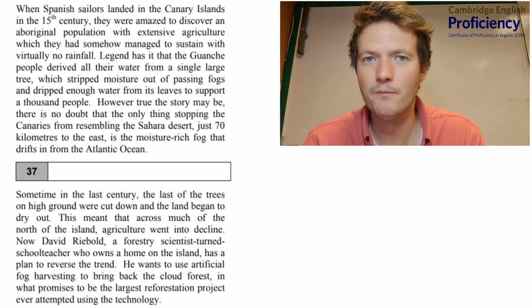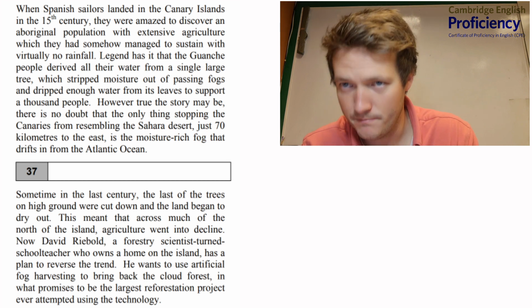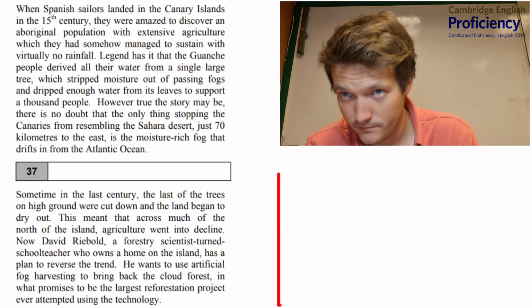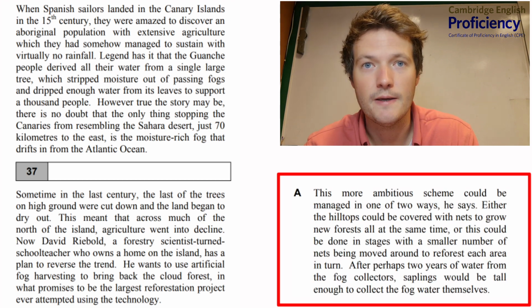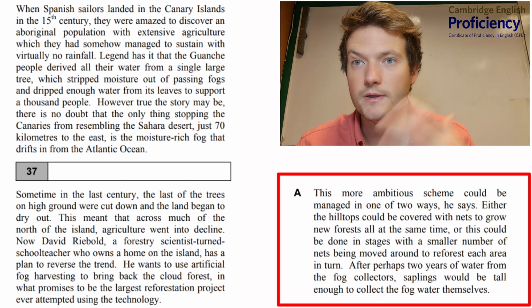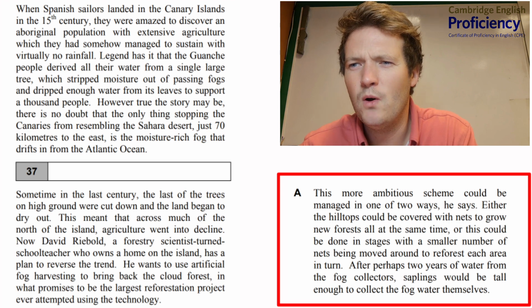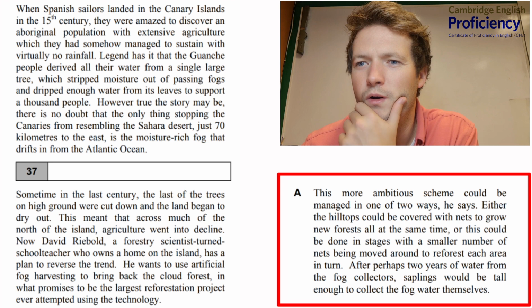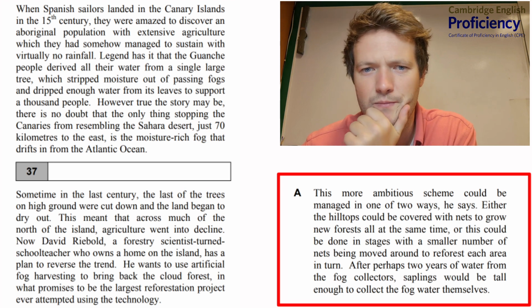Okay, so now I'm going to have a look at the options. I'm going to have a look at option A first of all. Could this be what goes in gap number 37? This more ambitious scheme could be managed in one of 2 ways, he says.